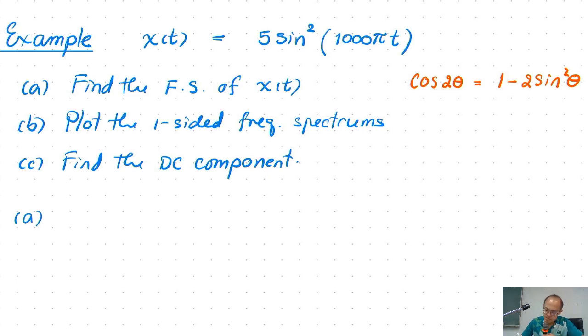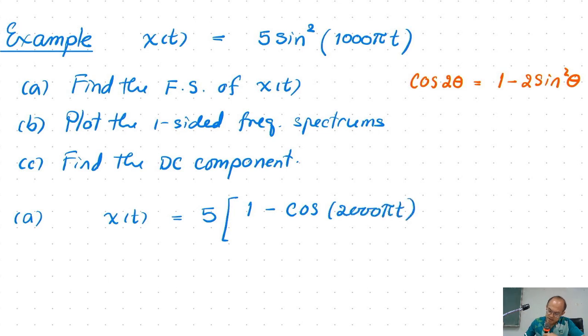So from this identity, we have x(t) equal to 5 times 1 minus cosine of 2000 pi t, divided by 2. Are you with me? I'm using this identity on the sine square there. So I got this. Follow?